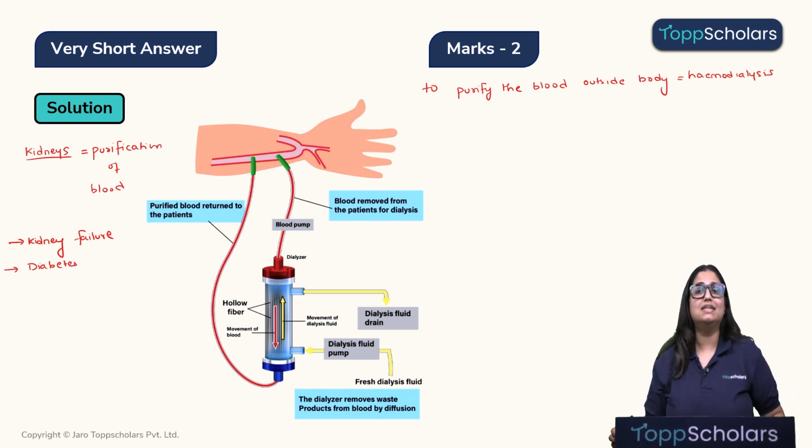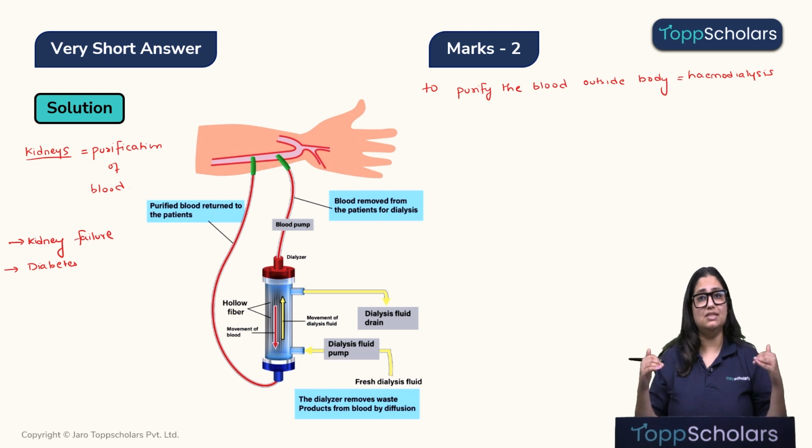That means the kidneys are not able to throw out the nitrogenous waste from the body. In this case, children, what will happen? The levels of this waste will increase in the body and it can be very toxic and damaging to the other organs. So, in patients with kidney failures or with severe diabetes, hemodialysis is done.